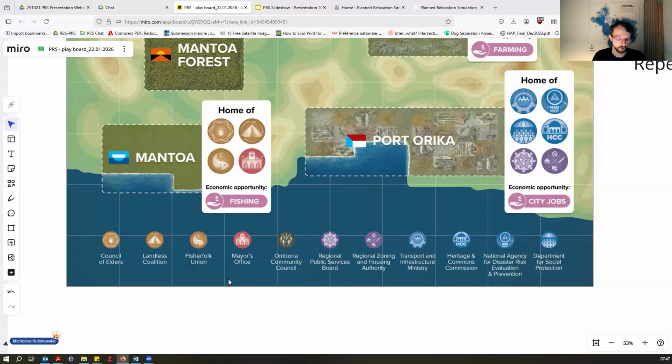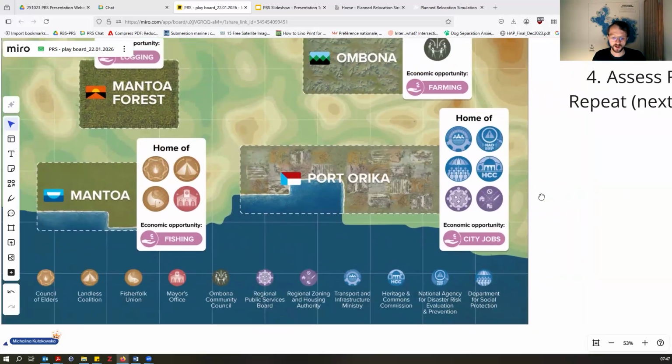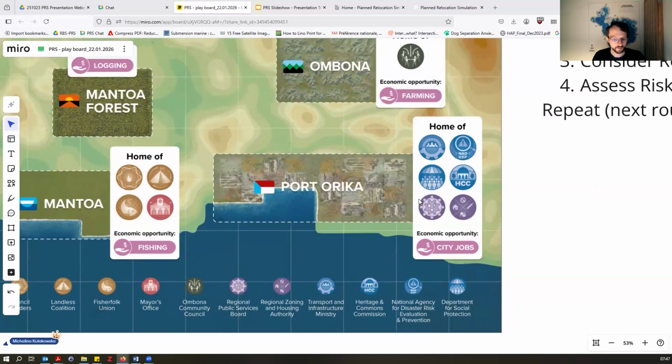They all have slightly different goals and attitudes towards relocation, and they are seated together at one table. On the other table, we have 6 government actors. Some of them, in purple, are presented as regional actors, the others as national ones.